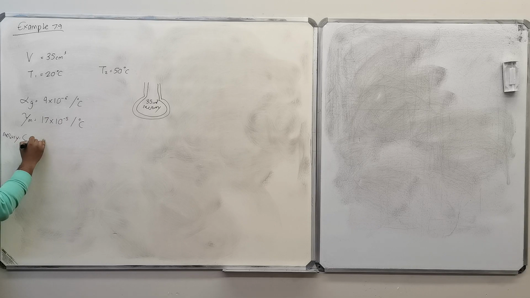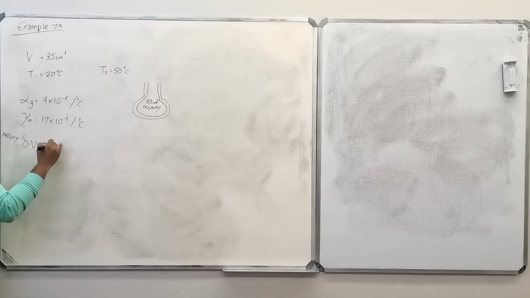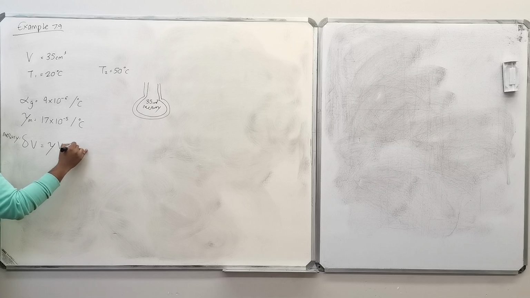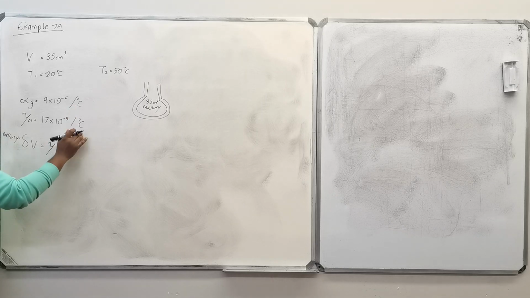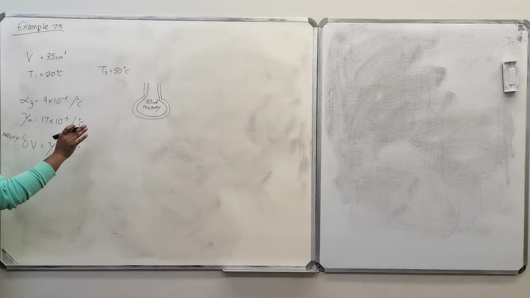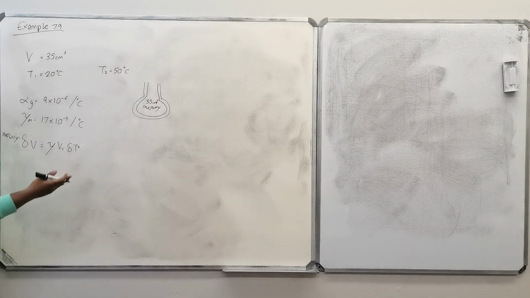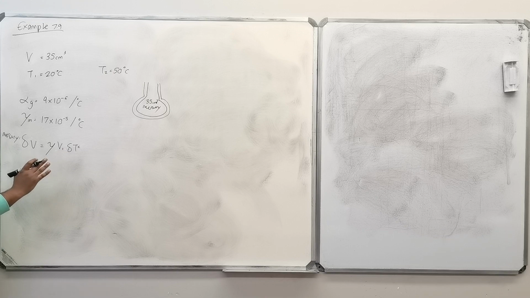Okay, so your change in volume for mercury is equal to your cubic coefficient of mercury multiplied by your initial volume multiplied by the change in temperature. This is all in degrees Celsius, so that's fine. Our volume is going to come out in centimeter cubed. Understand that, right?